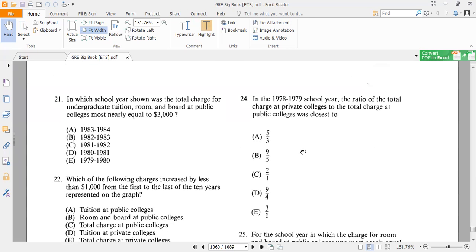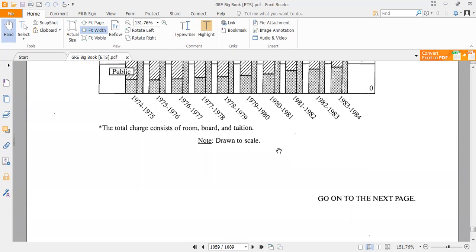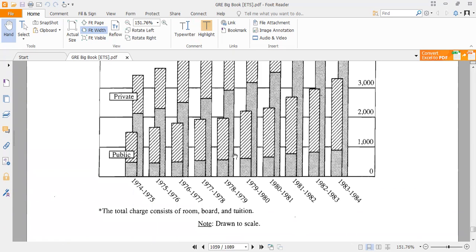Question number 24. In the 1978 to 1979 school year, the ratio of the total charge at private college to the total charge at public college was closest to. Okay, in 1978 to 1979, ratio of public to private.